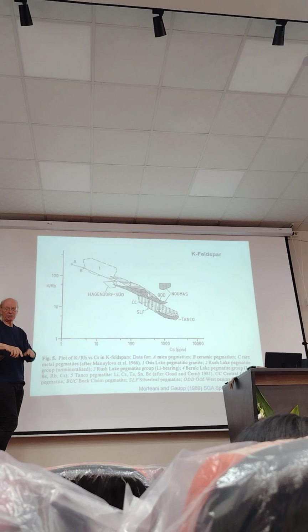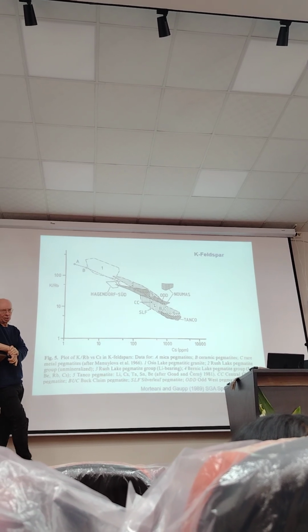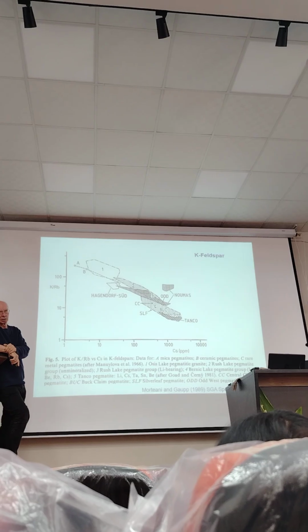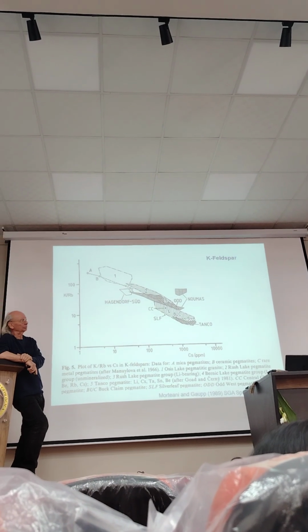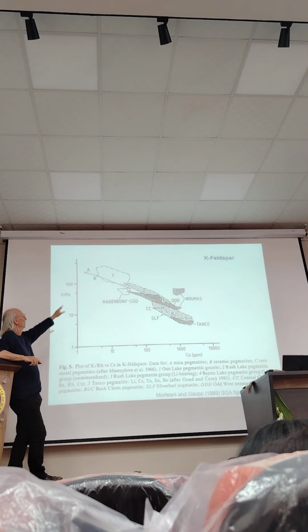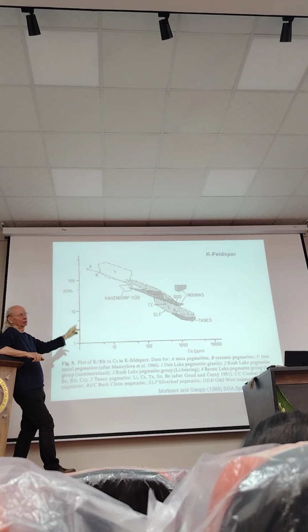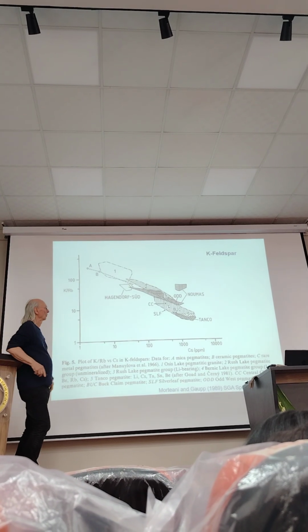This linear correlation indicates a process which we call fractional crystallization. I don't know if you have heard about Rayleigh fractionation. There is a Rayleigh law. If you have this kind of linear distribution in log space, it means Rayleigh-type fractionation.